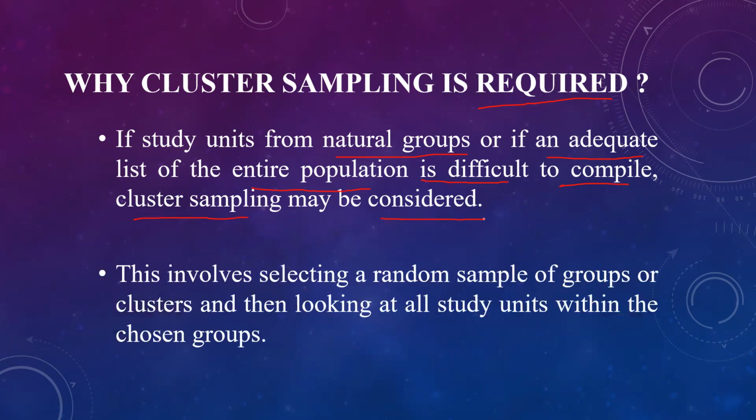Therefore, this involves selecting a random sample of groups or clusters. So clusters we can say groups, or groups we can say clusters, and then looking at all study units within the chosen groups.